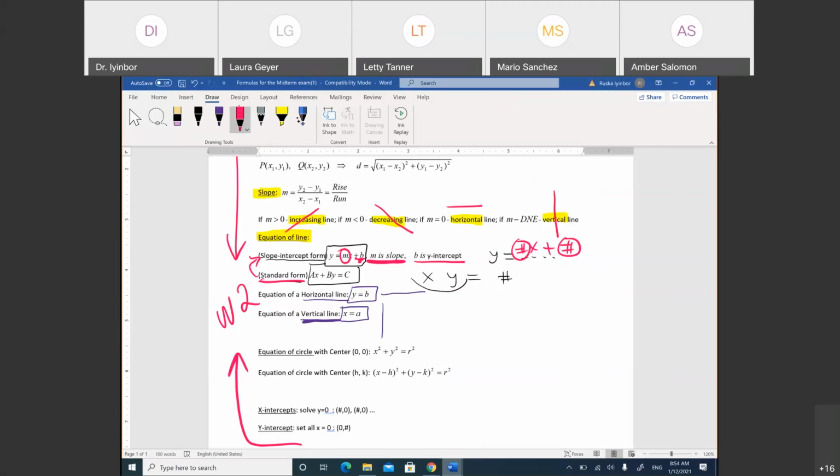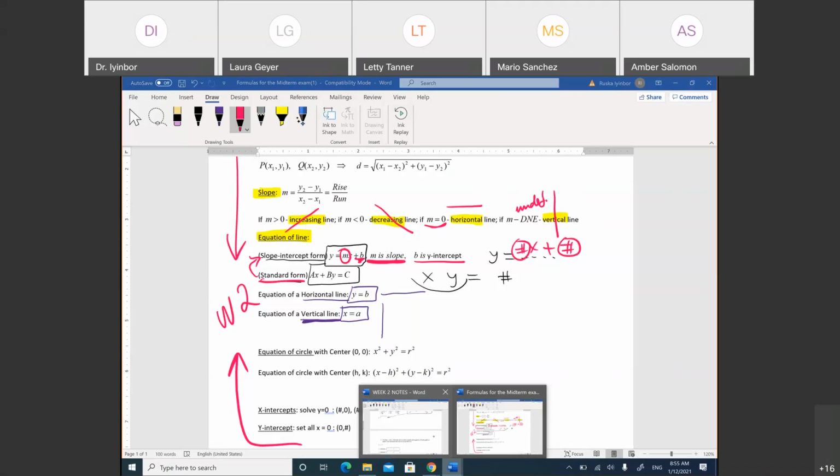So these are the four different types of lines, and the slope tells me what type of line it is. So if it's a positive slope, the line is going up. If it's negative, the line is going down. If the slope is zero, it's a horizontal line, and DNE means undefined. It's a vertical line. Okay? So we're going to talk about that in the next questions.